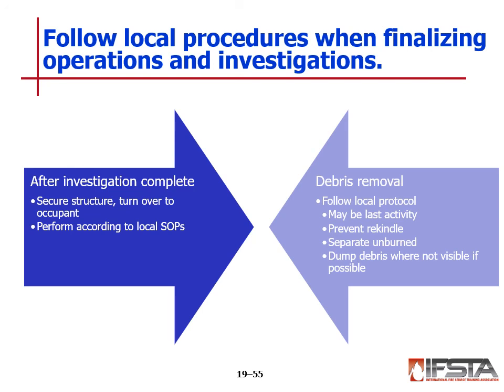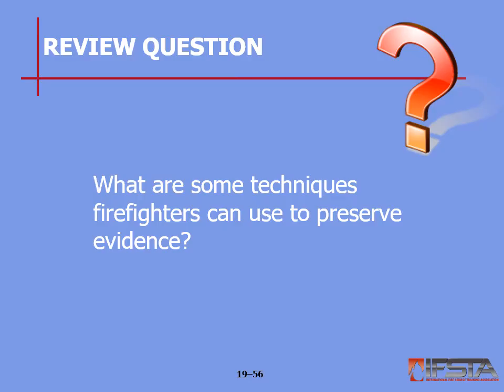We do not want to rekindle. Rekindles are embarrassing. We want to separate the unburned debris that might be salvageable, right? That's part of salvage. And then dump debris where it's not visible if at all possible. That's a great way to improve our PR standard.